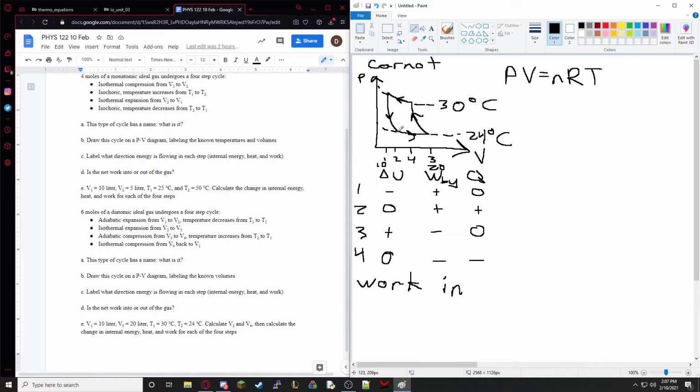Our temperature here is going to be constant, and we have our initial volume here, V3. Do we have a way to get the pressure, which we could then use to calculate the volume, or do we maybe want to calculate the change in internal energy or the work being done by the gas first?